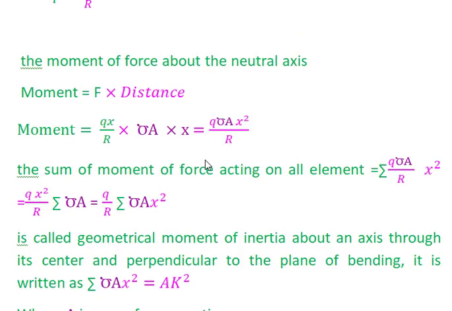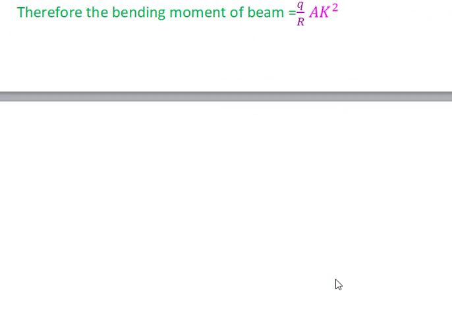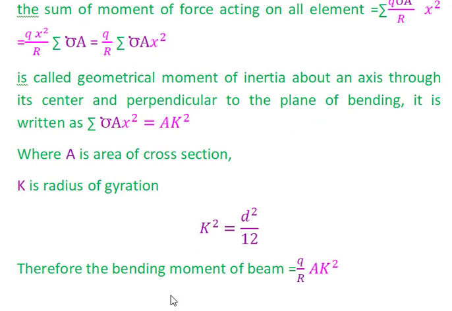This cumulative radius is called the radius of gyration. This value depends upon the thickness of the beam, so this constant is taken as k square equal to d square by 12. Therefore, the bending moment of the beam is Q by R into A k square. This is the final expression for the bending moment of the beam.